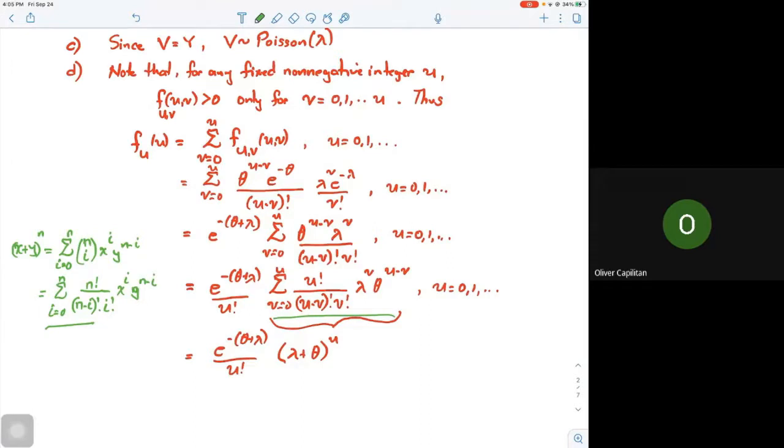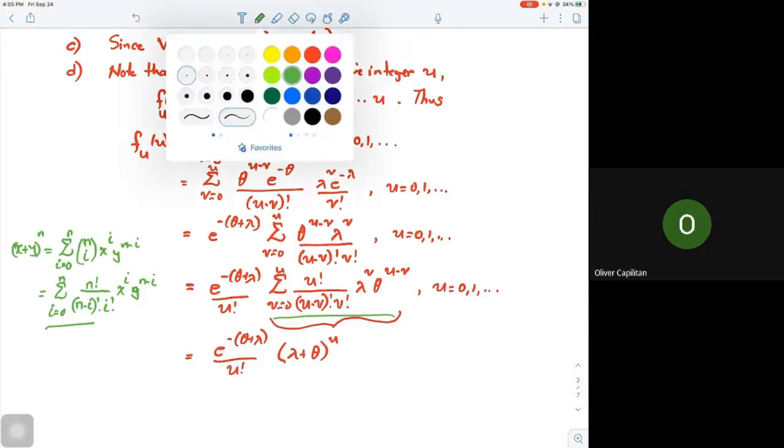Okay, so what does this imply? If you're going to look at our formula now, what distribution does U have?